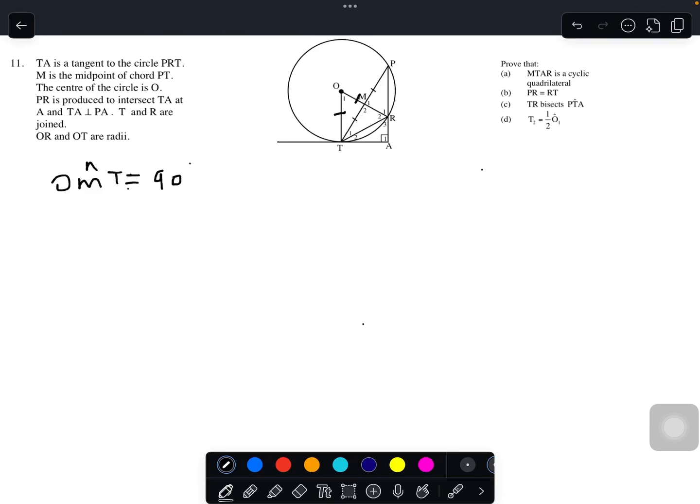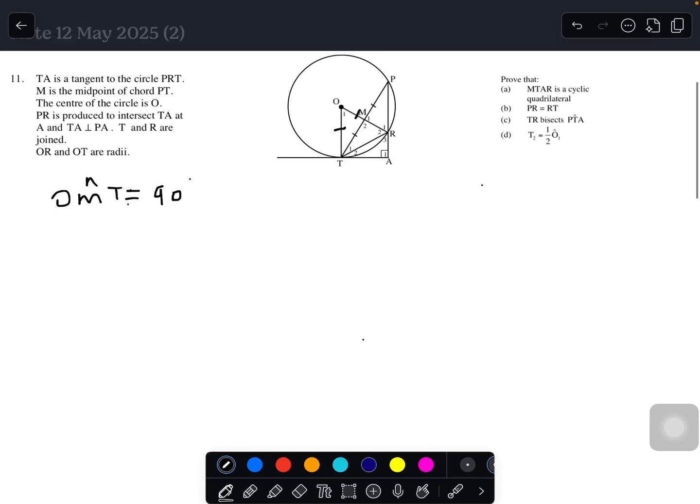Our reason for that is radius bisects chord.